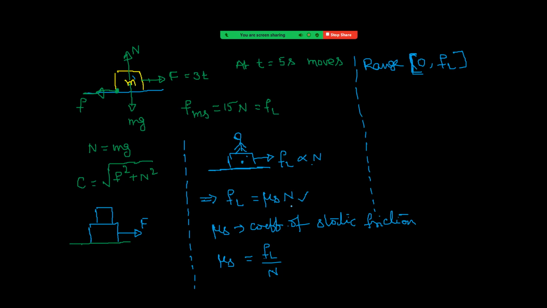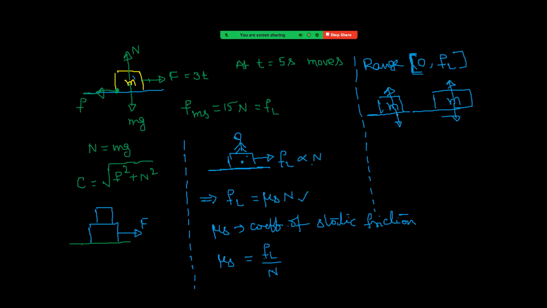And here we have to keep one more point in mind. This limiting friction does not depend on the area. Suppose I'm taking a block of some mass. I'm taking one more block of the same mass, but having more area of contact. So I have taken two blocks of the same masses. In both cases, normal reaction is the same, which is equal to mg.